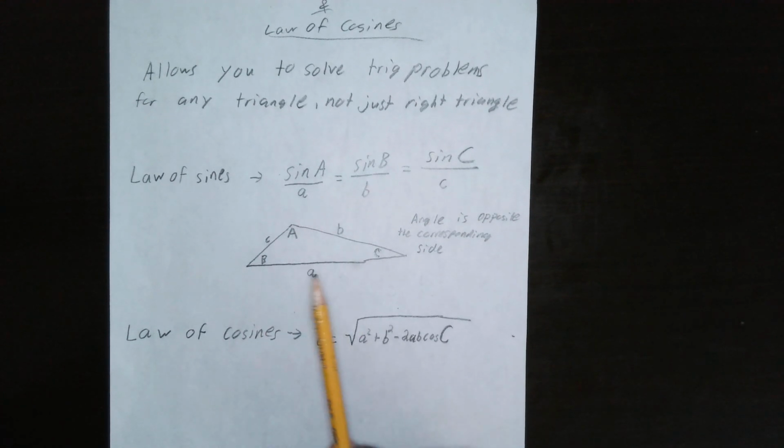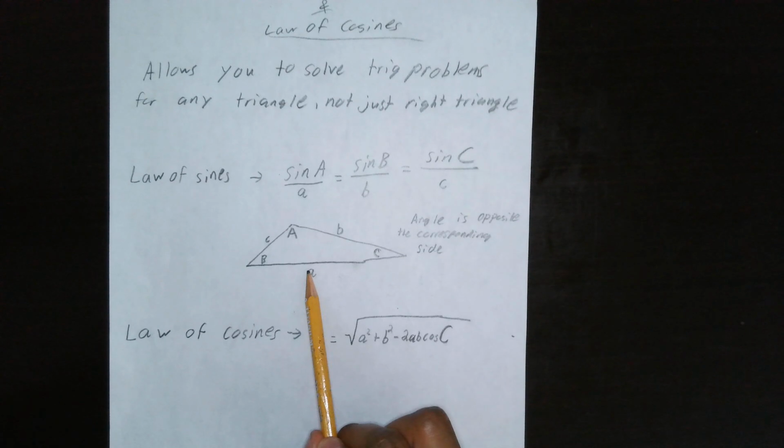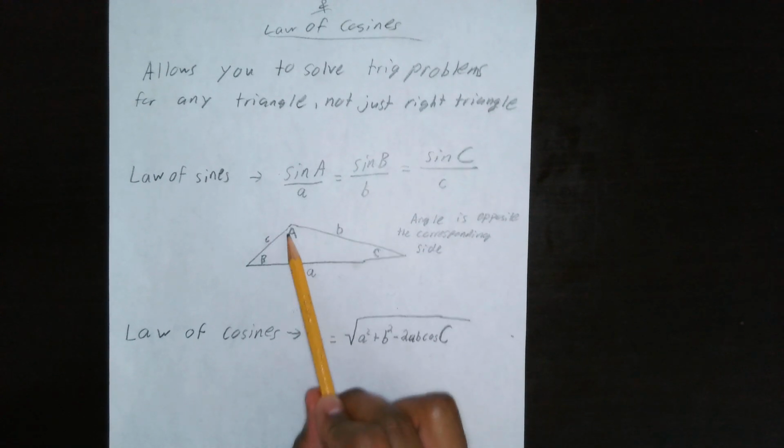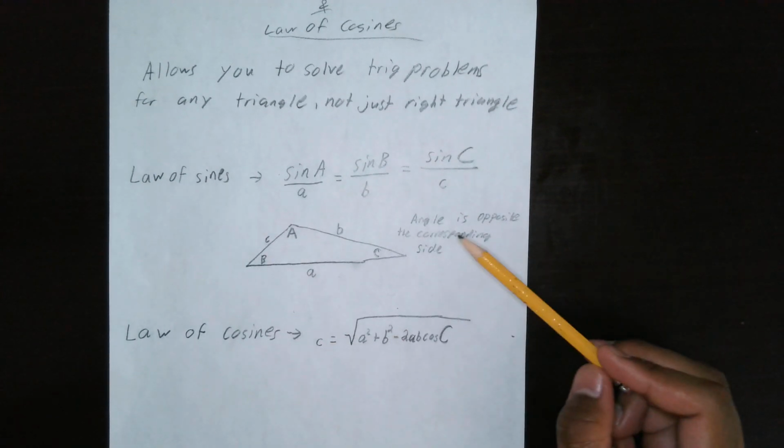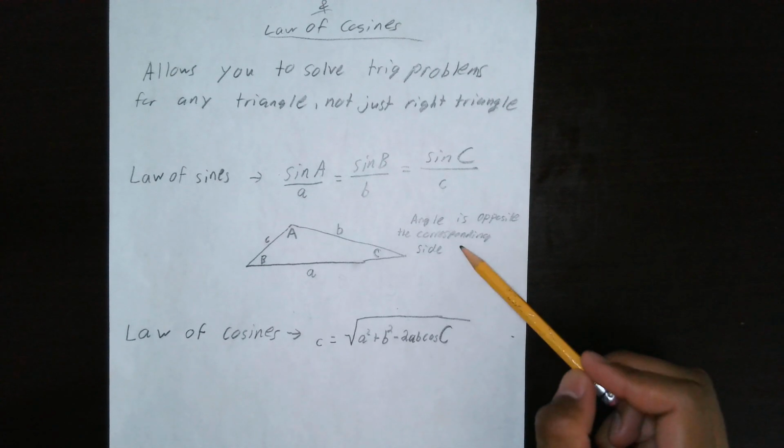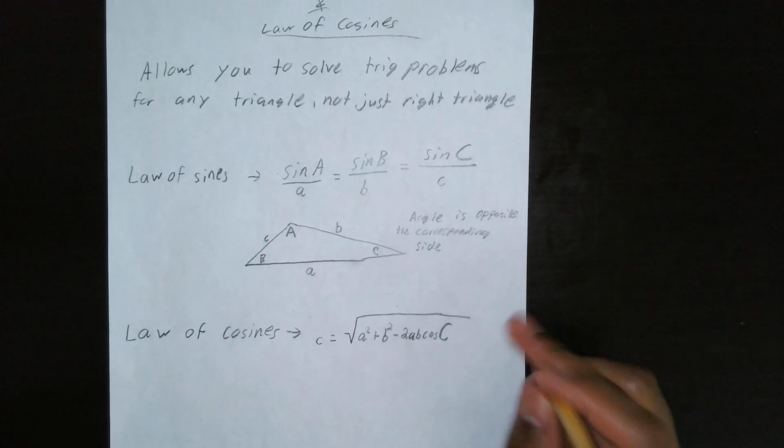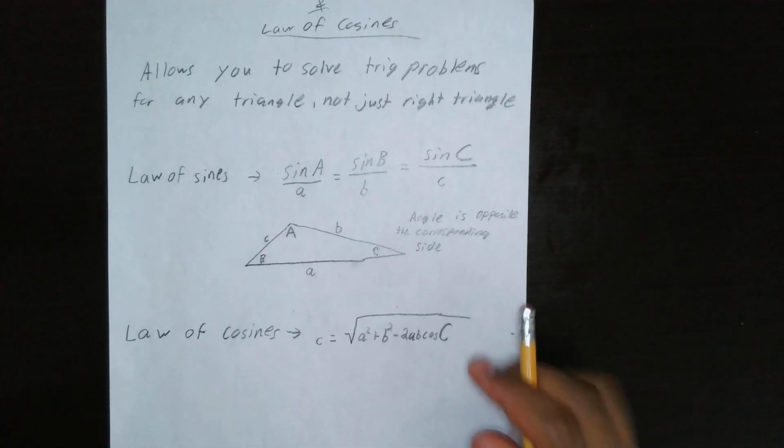If I have side A here, then angle A would be opposite of it, so this angle here. So just remember, the angle is opposite the corresponding side. They're always going to be on opposite sides of each other.